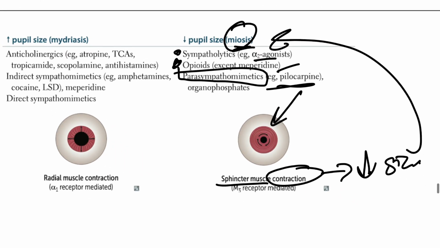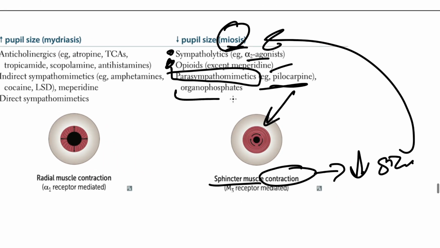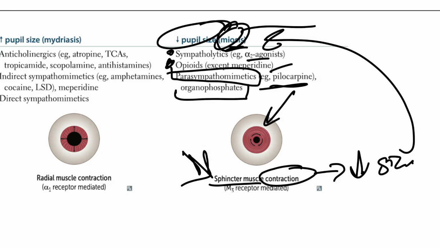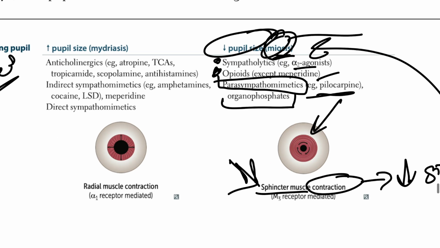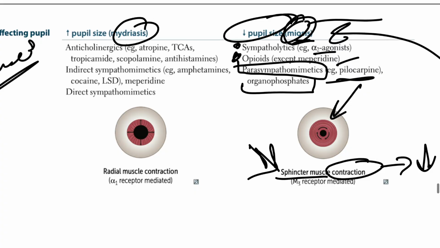And the last one is organophosphates. What we really need to know is that miosis is decreasing the pupil size. It is done through sphincter muscle contraction, while mydriasis is done through radial muscle contraction.